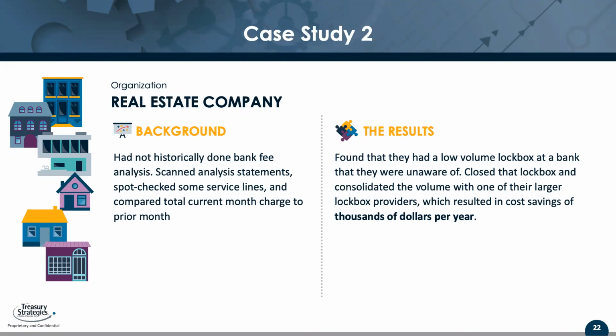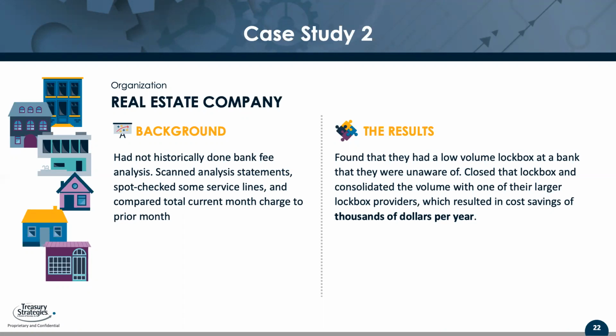What we found in going through their reports is we sat down and looked at their first set of reports together, and they pointed out a lockbox that we were saying they had at a specific bank. And they said, we don't have a lockbox at this bank. Well, we pulled out the original account analysis, went through it, and sure enough, there were some very low volume lockbox items still being processed at this bank.